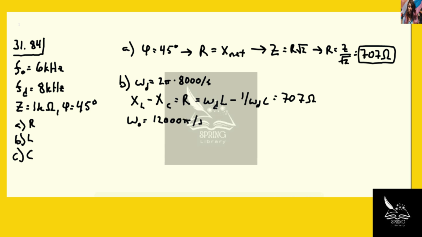And so, in order to substitute for C, since we don't know it yet, we can replace it with 1 over omega naught squared L, because we know that omega naught is 1 over the square root of L times C. So we can put this into here and then we just solve it for the inductance. And so we find that that's 32.2 millihenries.